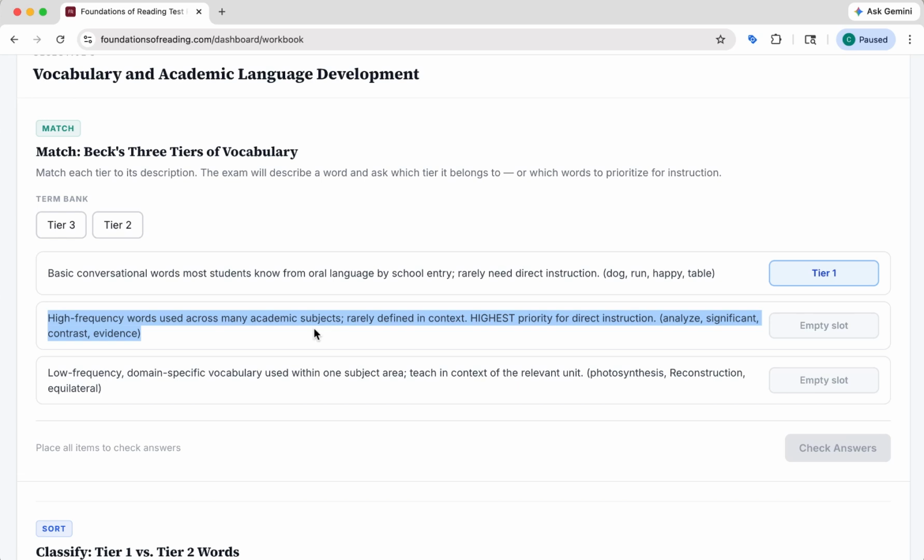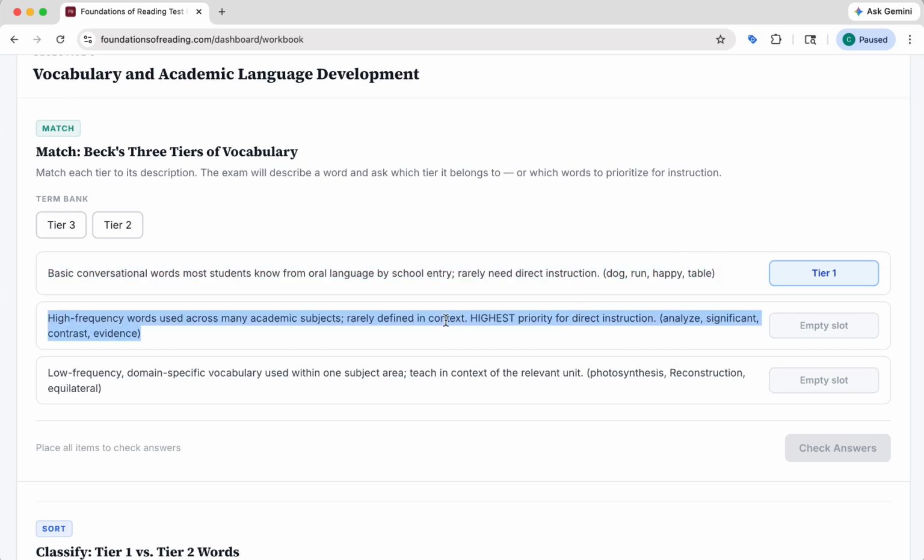This is the most important tier to teach because students do not use these words together like in the lunch cafeteria or on the recess yard. They don't use analyze, significant, contrast, evidence. So we need to directly and explicitly teach them. Those words would be tier 1 words, dog, run, happy, table, etc.